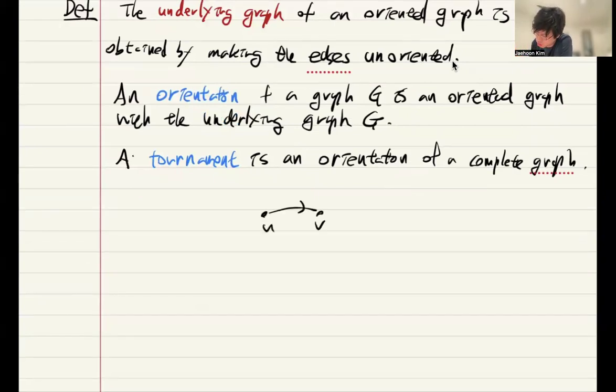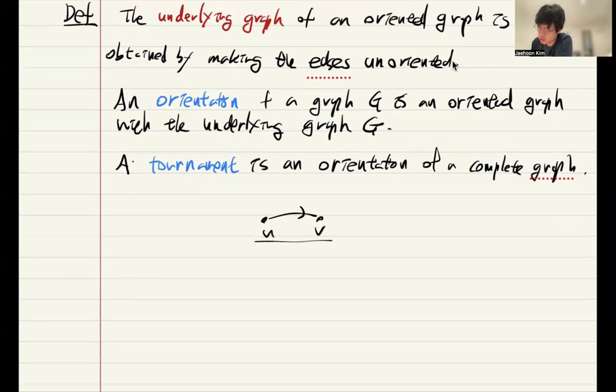You draw this u to v, then you can interpret it as there was a sports game between u and v, let's say tennis. And if u beats v in this game, you draw this. Then what's a tournament? There are players, and every pair of them plays a game, and then we determine who wins each game. That gives you an orientation of a complete graph. So the name tournament comes from that.